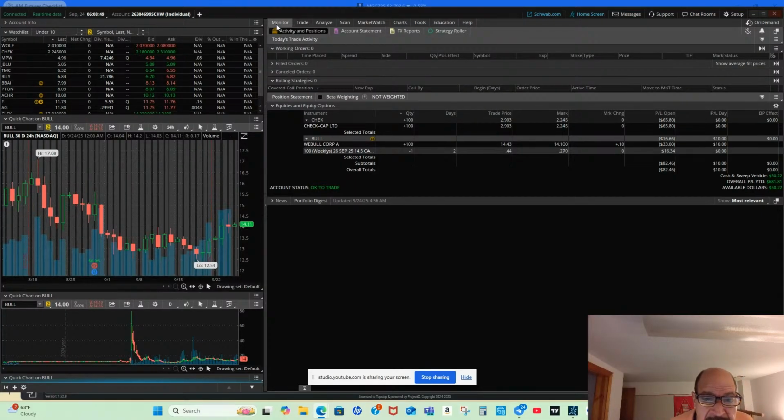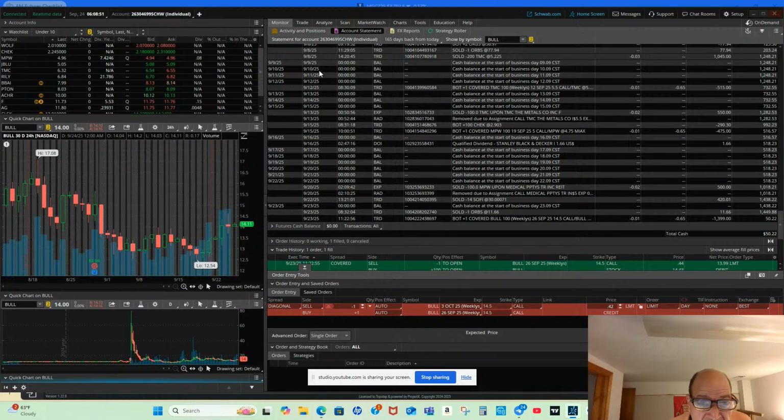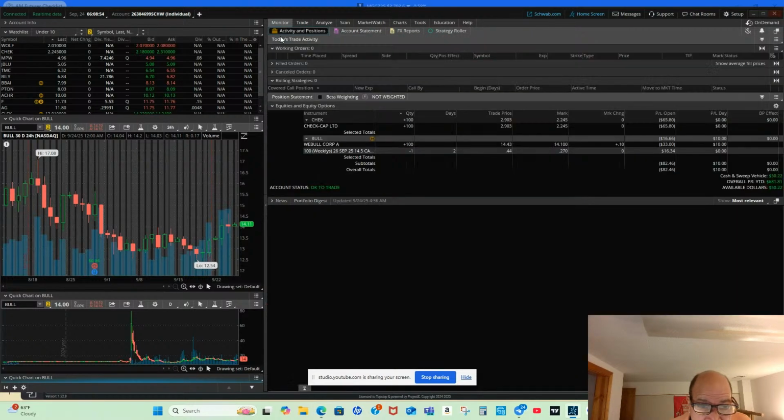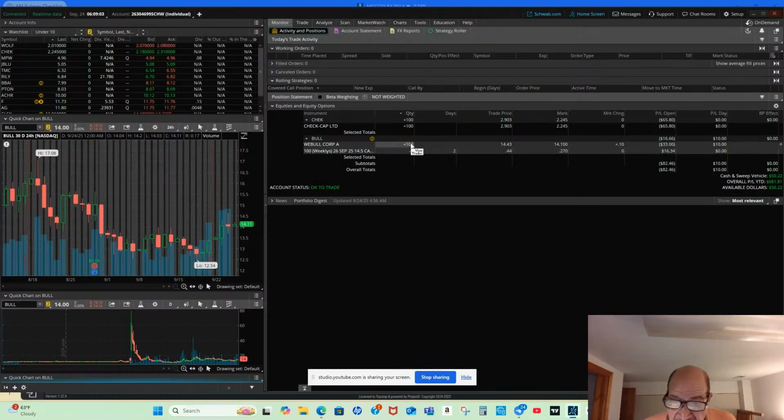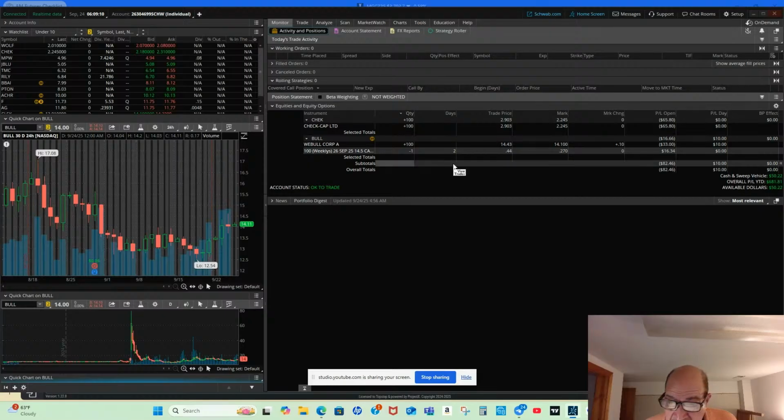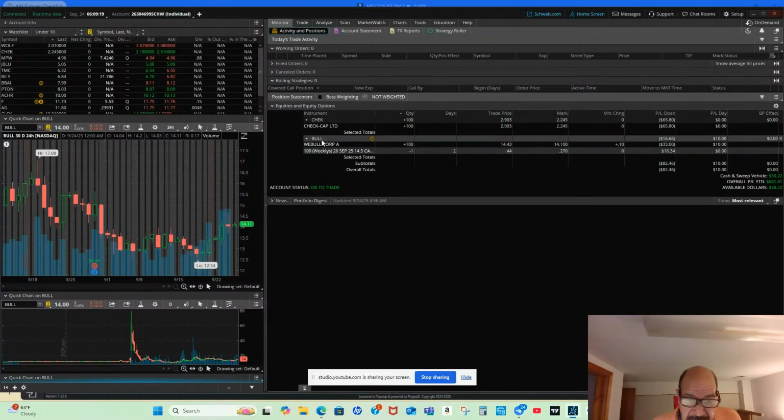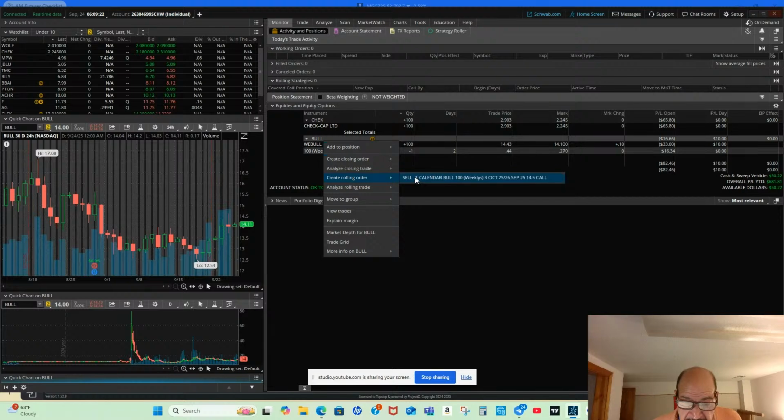At some point I'll go over the whole account and how we got here. But right now, I'm checking on this Weeble trade that I have, which I bought for 14.43. It is currently at 14.11, with the contract itself on Friday for 14.50.